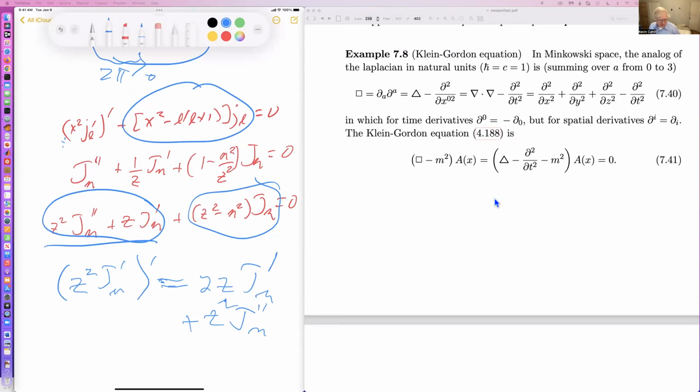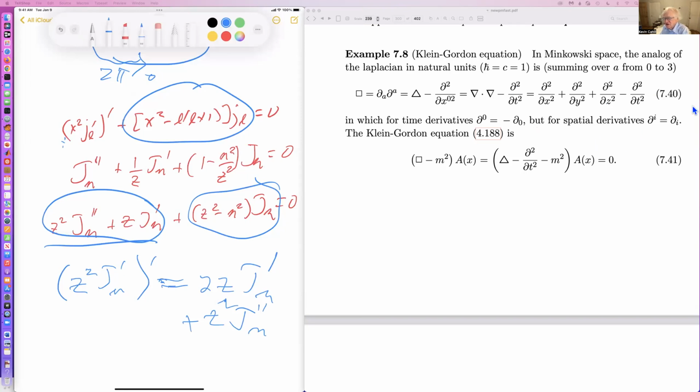Anyhow, in relativistic field theory, there's an equation called the Klein-Gordon equation, and that involves a differential operator, which is the Laplacian minus the second time derivative.